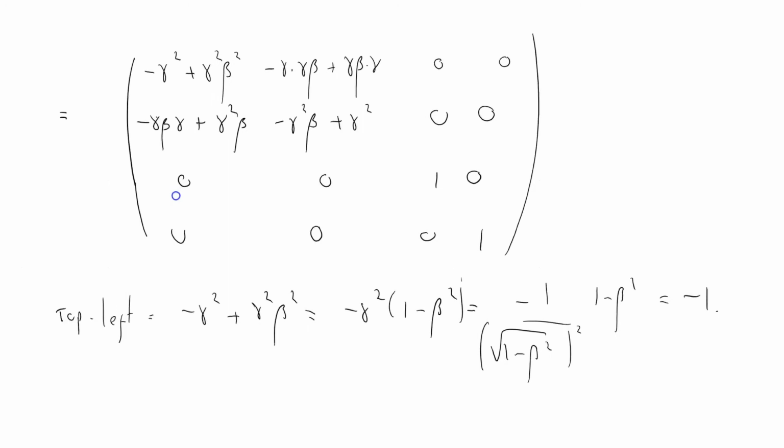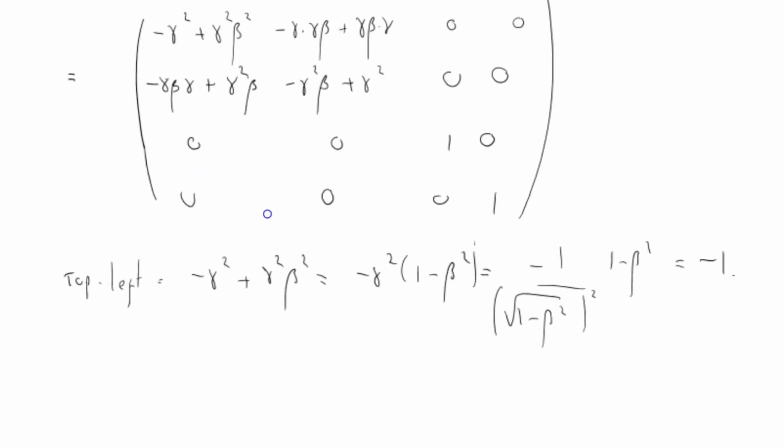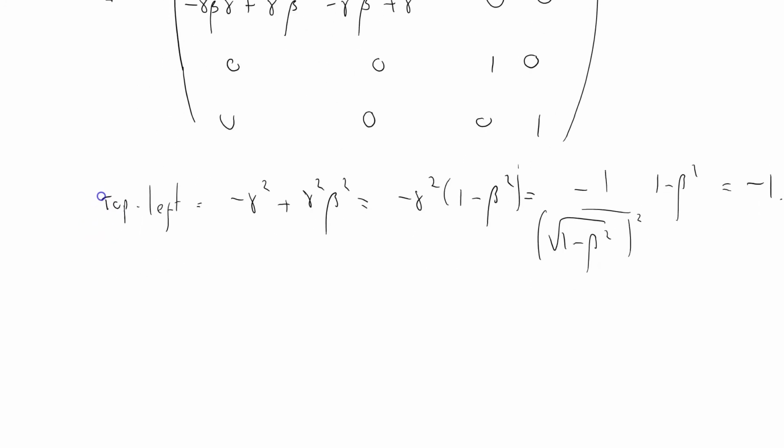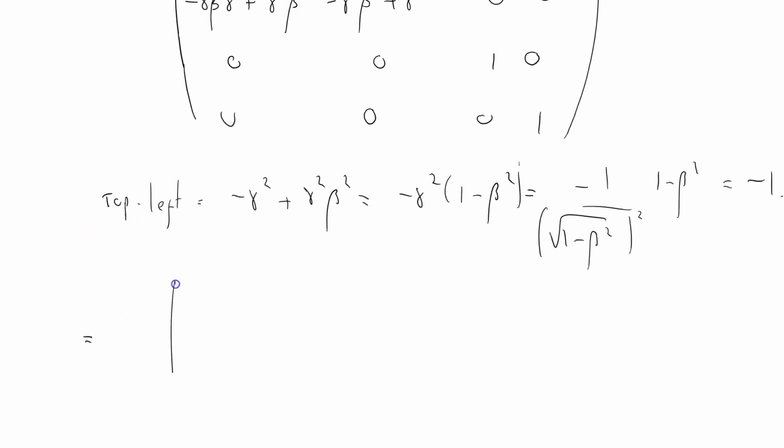That's nice. And of course this term cancels out as well. So what we're left with is that the whole matrix equals minus 1, 0, 0, 0; 0, 1, 0, 0; 0, 0, 1, 0; 0, 0, 0, 1.